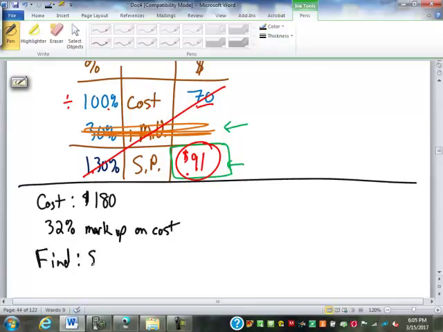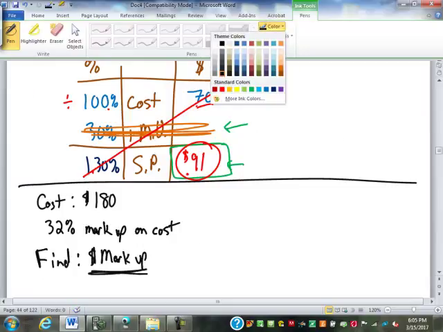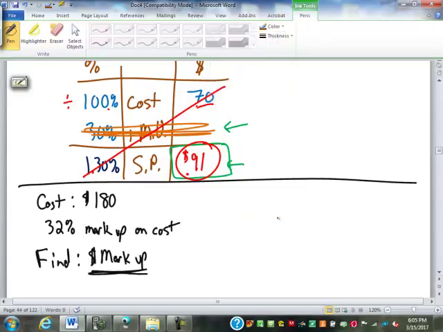We're asked to find the dollar markup. Well, again, this one's pretty straightforward. Cost plus markup equals selling price.